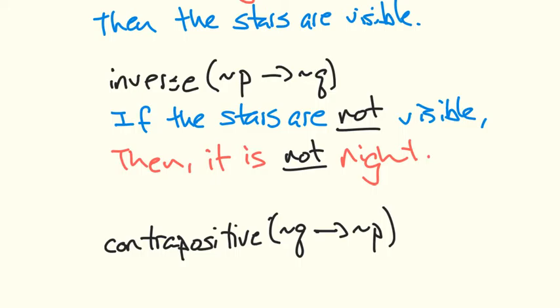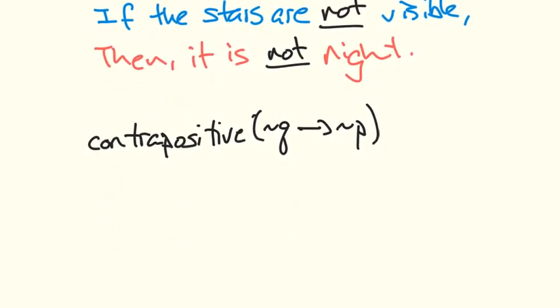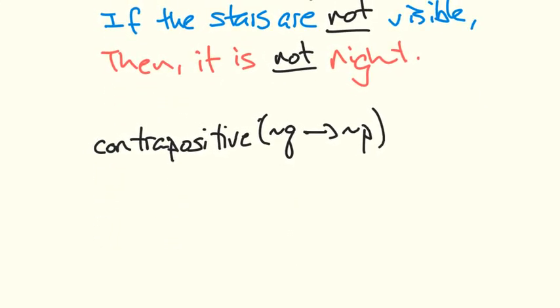All right. Finally, our last one is called the contrapositive. So the contrapositive is basically like the converse, except we've added not. So we reverse the order, the Q and then the P, and we just add not to both of them.